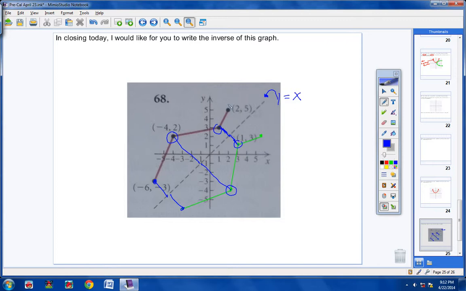And then lastly, see this point here and its inverse point here. If you were to draw a straight line like this, perpendicular to the dotted line, and then draw a perpendicular line to the dotted line, those 2 distances would be the same. And that's always true when you have inverse graphs, okay? And so that's another way to recognize inverse graphs, okay?